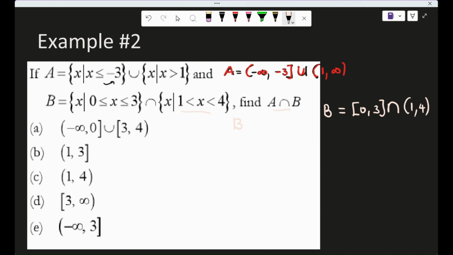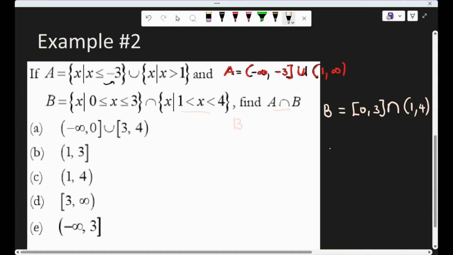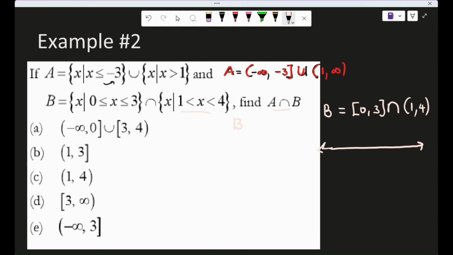So this B, let's try to write B. Maybe we can write it in a simpler way since it's an intersection. Let's use our interval.